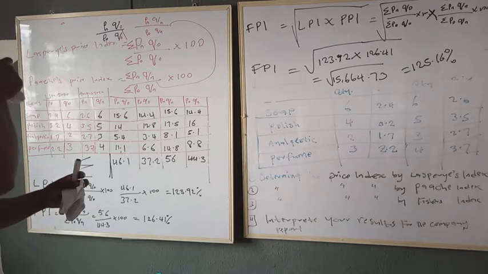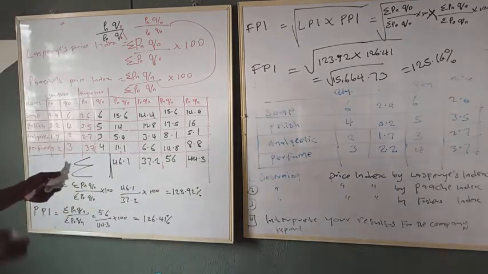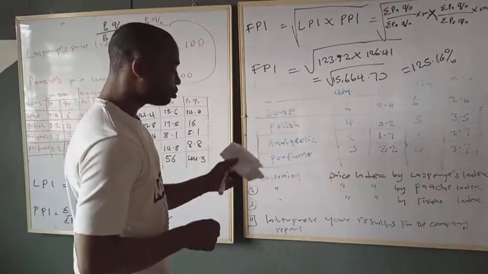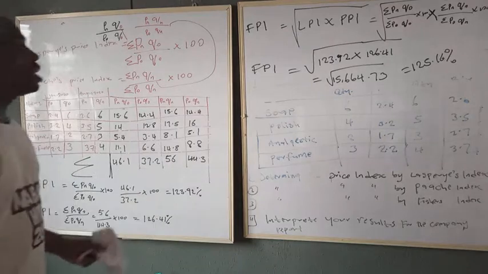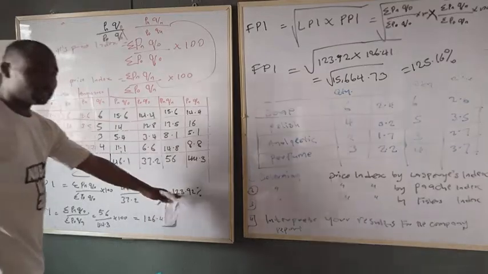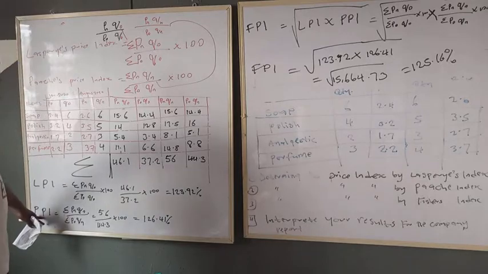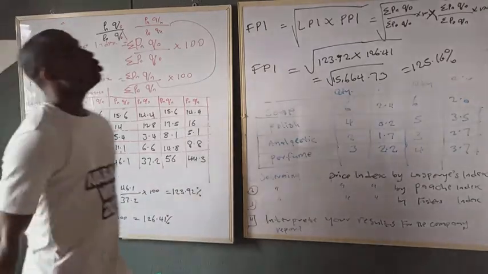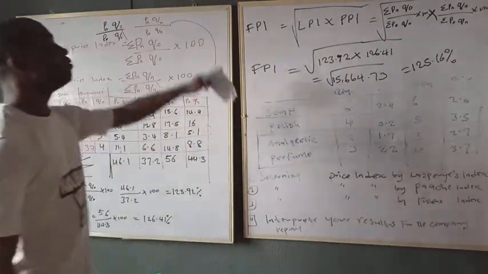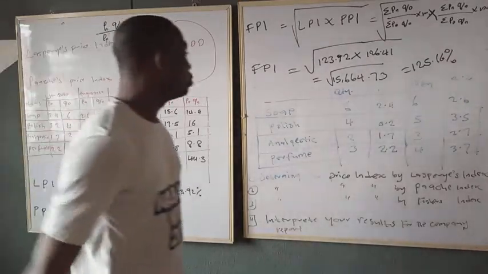So you can answer that the computation shows that the price of commodities from January 2020 to August 2020 has increased by 123.9% using the Laspeyres price index, by 126.41% using the Paasche price index, and by 125.16% using Fisher's price index. So that is all the parts we are asked to do on this question.